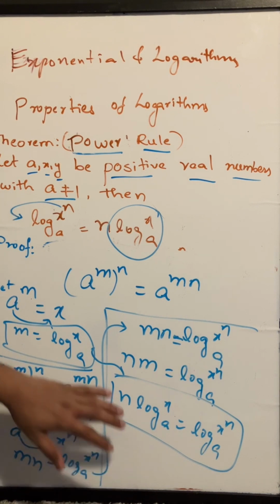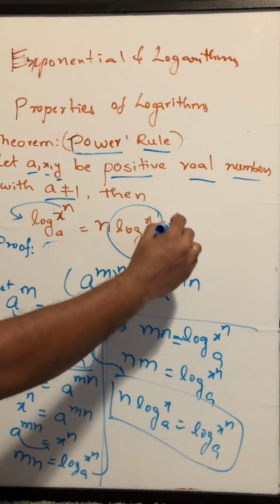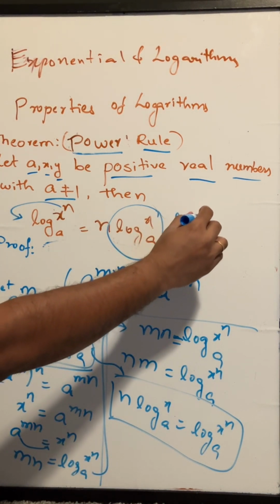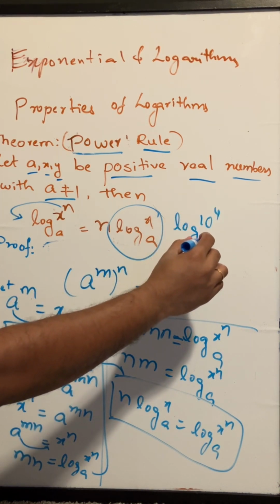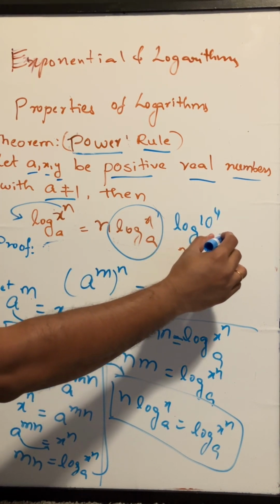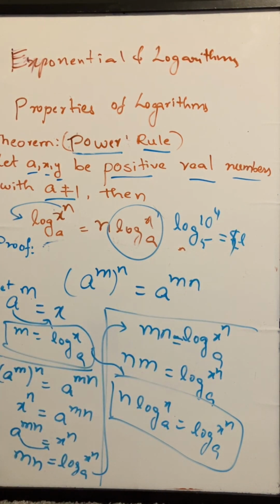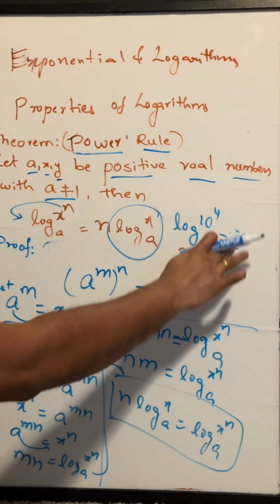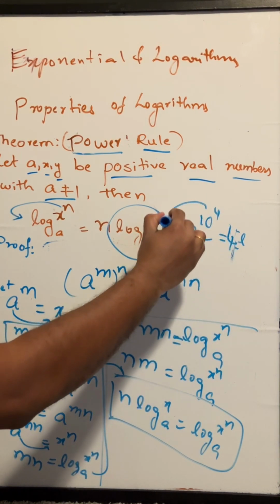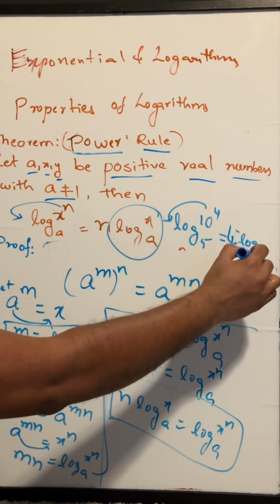Why do we use this one? If somebody asks us to do log of 10 to the power of 4 base 5, we can immediately say 4 times log 10 base 5, because the 4 comes here.